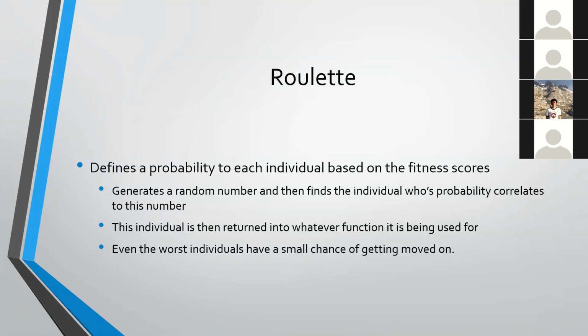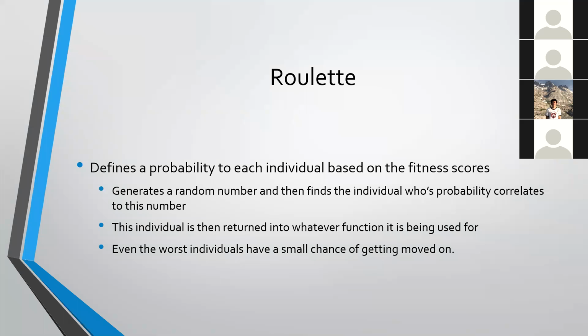This works in a very similar way, except the best way to imagine it is that the slots that the marble can fall into are proportional to how well the individual associated with that slot performs.